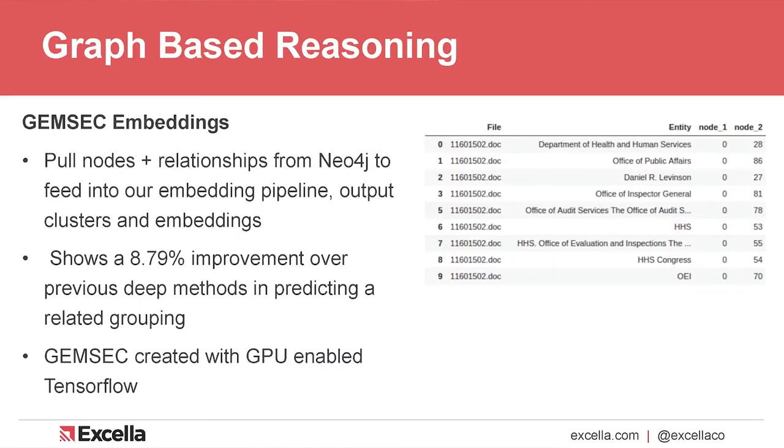Label propagation can also give you your clusters, but we found that deep methods work better, and this particular method, GemSEC, shows a 9% improvement over the state-of-the-art clustering methods for graphs. So this allows us to start getting our general groupings of fraud, and we start to build from there. And this is all run on GPU-enabled TensorFlow in the cloud.